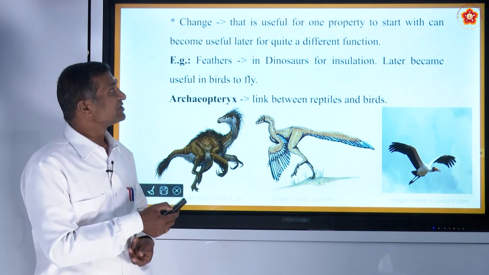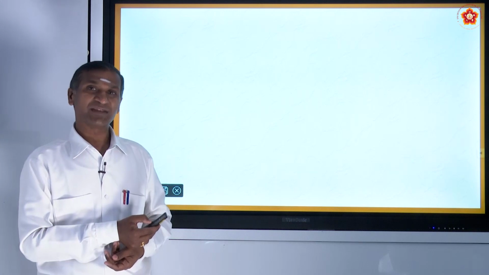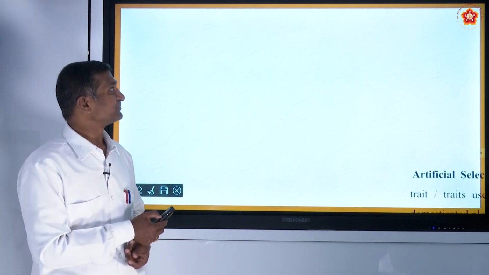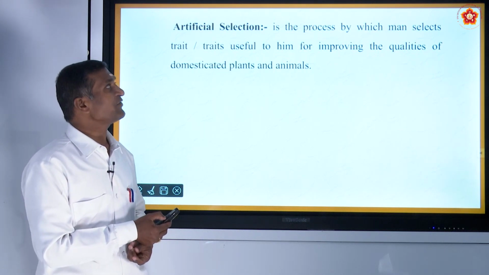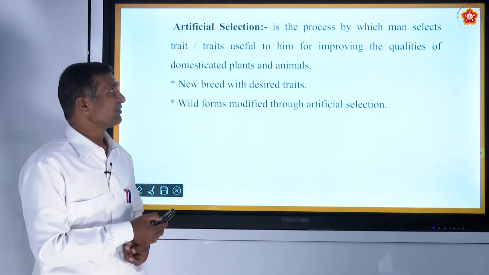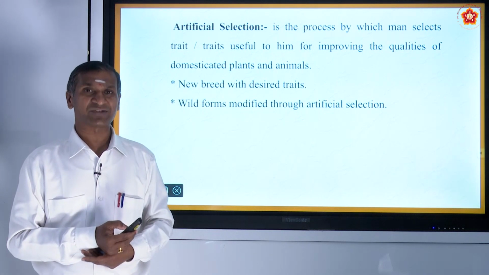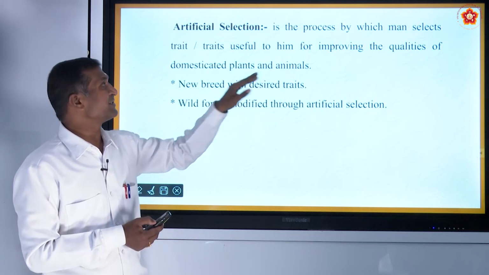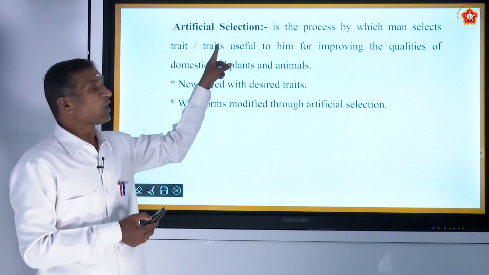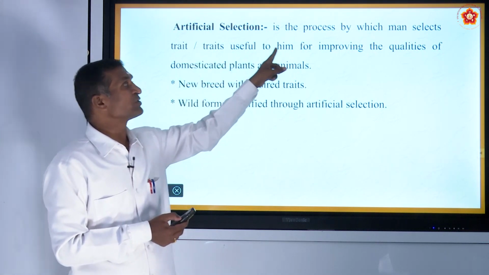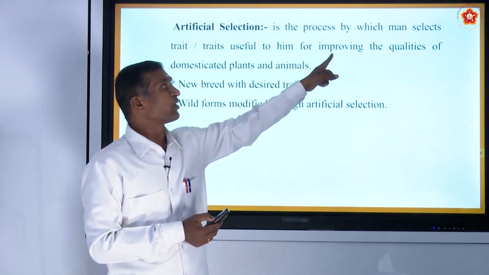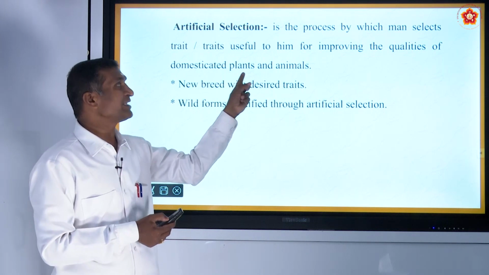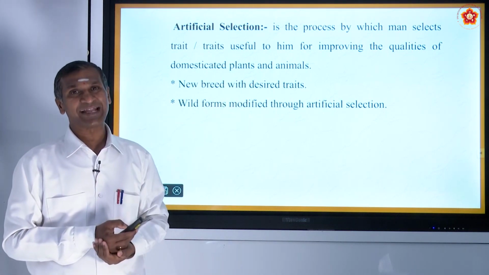In this way, change in the organisms also brought evolution. Artificial selection. What is this artificial selection? It's a process by which a man or a woman selects a trait or traits which are useful for him or her for improving the qualities of domesticated plants and animals.